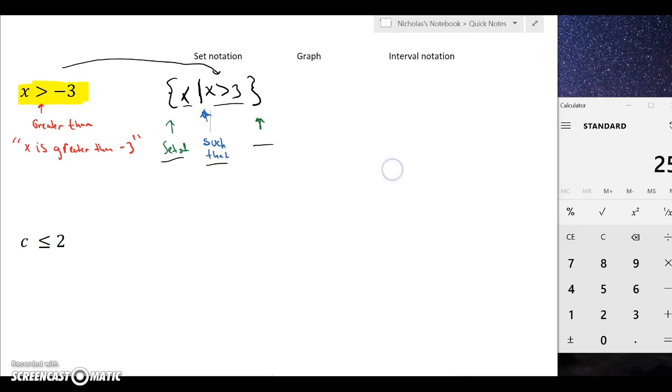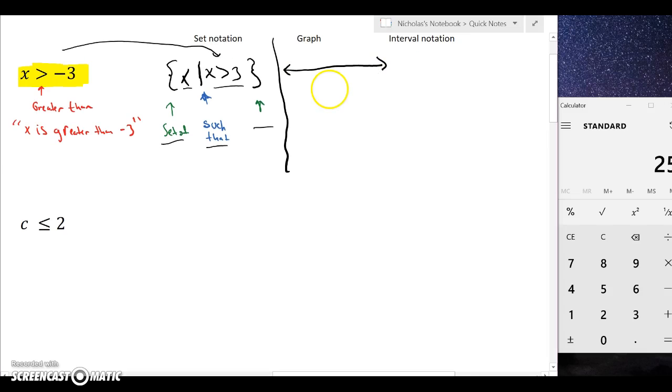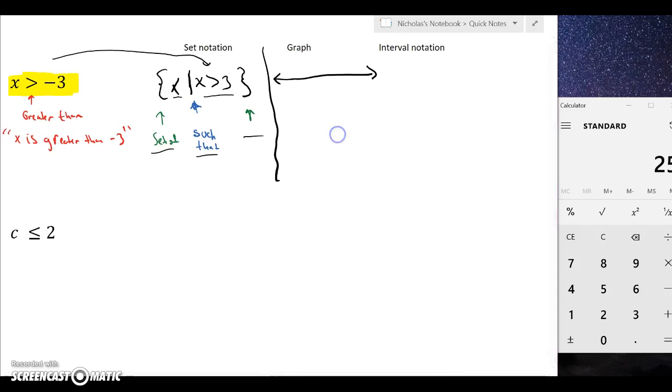So now let's take a look at the graph of this. Let's draw a number line. Rather than putting 0 on this number line, we're just going to make -3 the center of attention, because that's really the only number we care about. And remember, this is greater than, so greater than is going to be the stuff like -2, -1, 0.